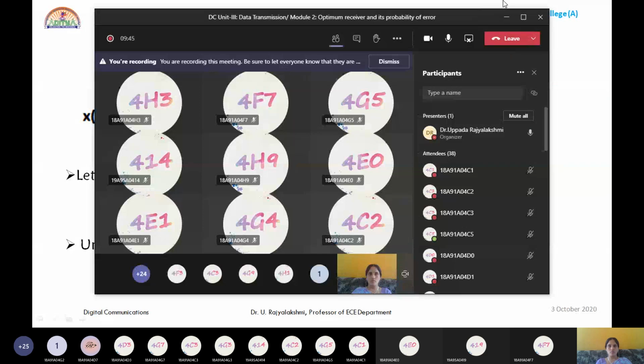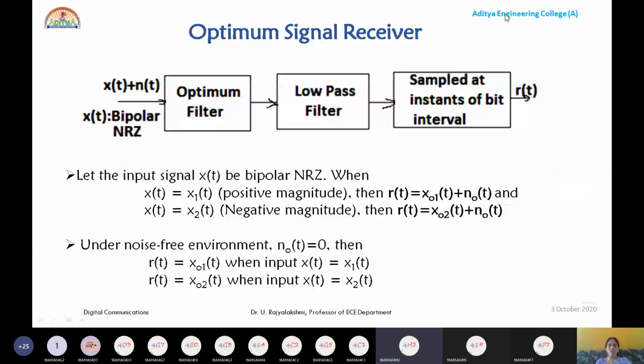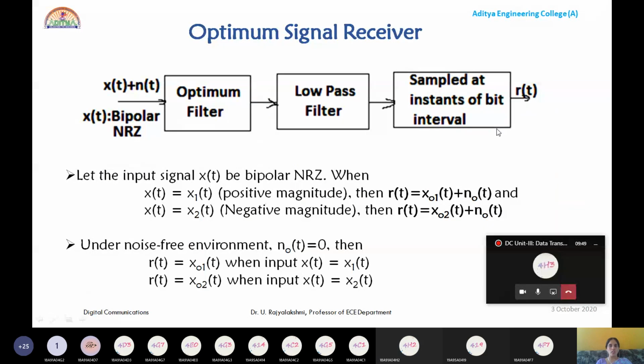One by 2 ERFC root EB by N naught, ma'am. 1 by 2 ERFC of root EB by N naught. Okay. Can you tell me what is the output SNR for the same general baseband signal receiver? 2 EB by N naught.